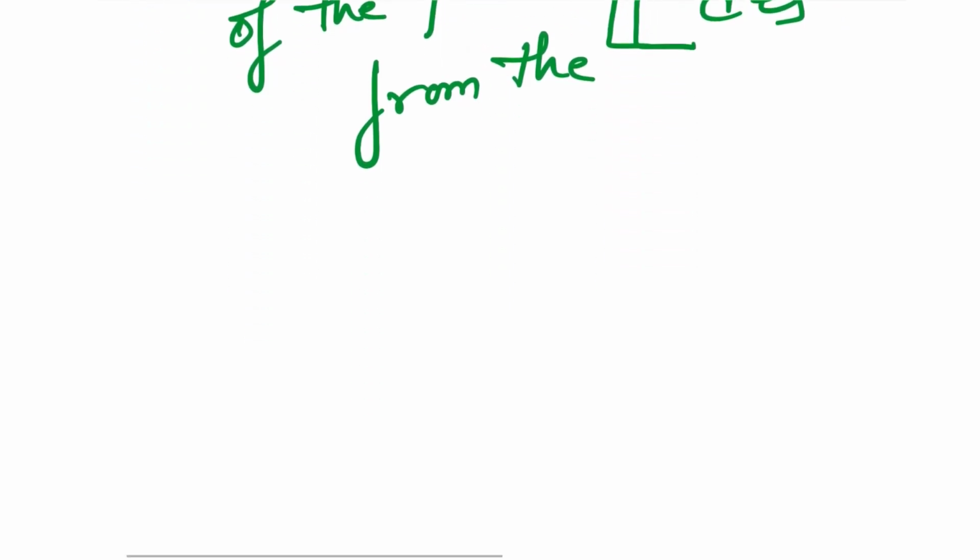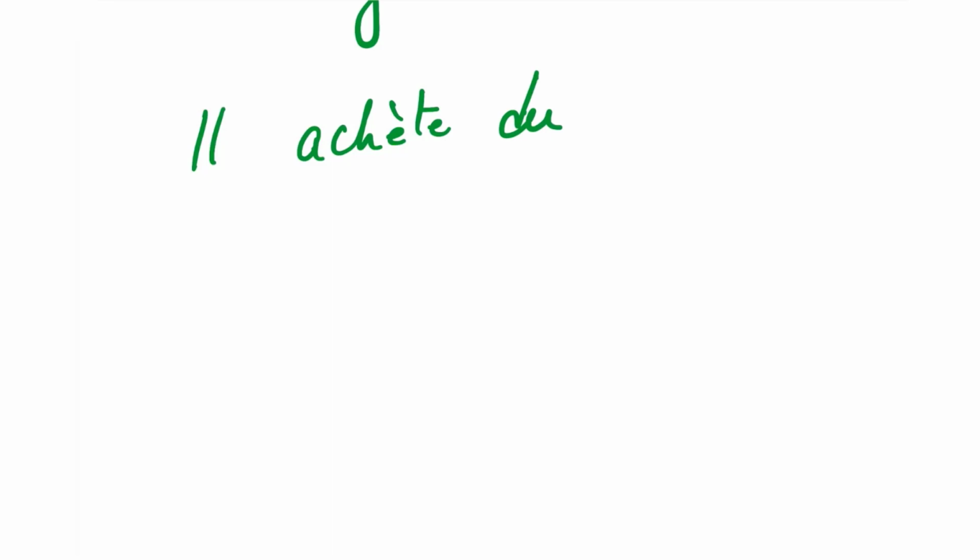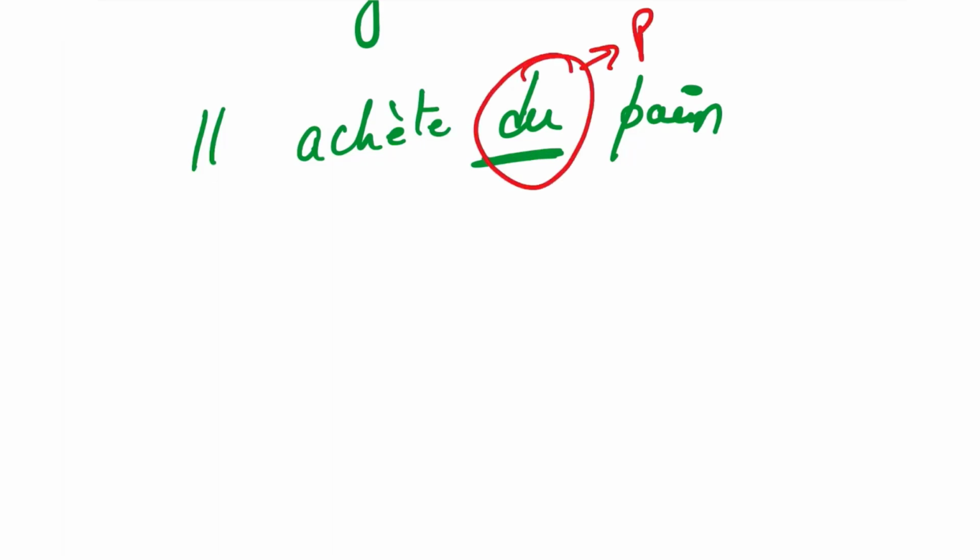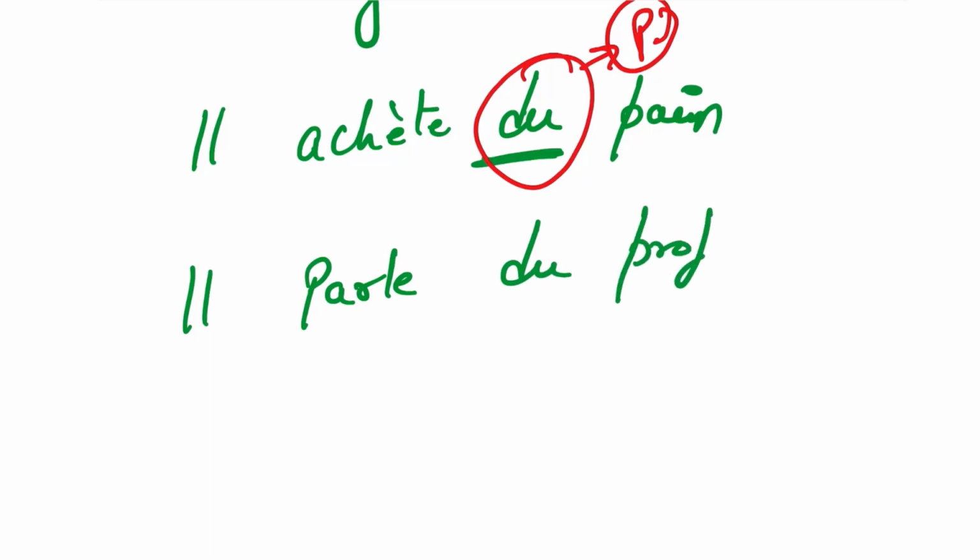Let's do two more examples of this. Okay. Il achète du pain. Here, this du is what? This du is a partitive article. Okay. And the next example, il parle du professeur. Now, if you can see, both articles look the same.